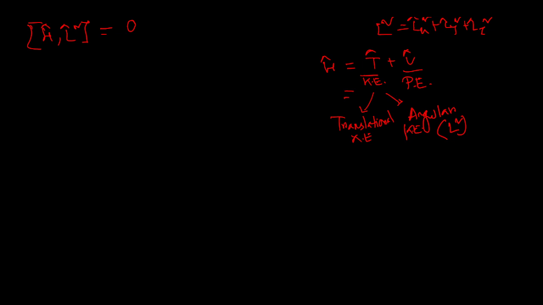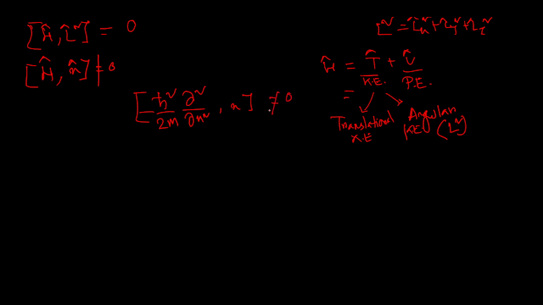But as we know, this term will not be 0, because the translation kinetic energy can be written as h cut by 2m del x by del x square, and that is also not 0. And the angular part will not be 0.